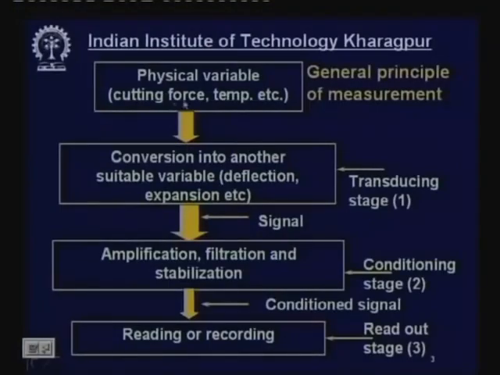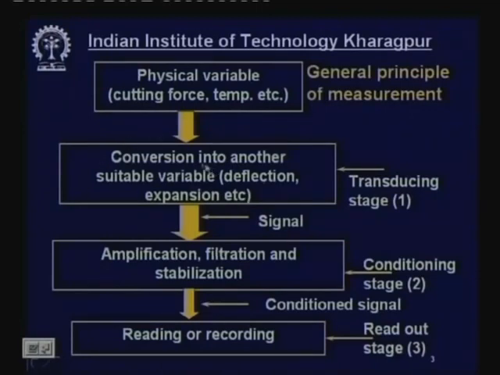So, physical variables like cutting force and temperature, which cannot be directly gripped or seen, have to be converted into a suitable effect which is visible, detectable and measurable. For example, the physical variable will be converted into another suitable variable, which may be deflection of an elastic beam or expansion of a liquid by temperature.